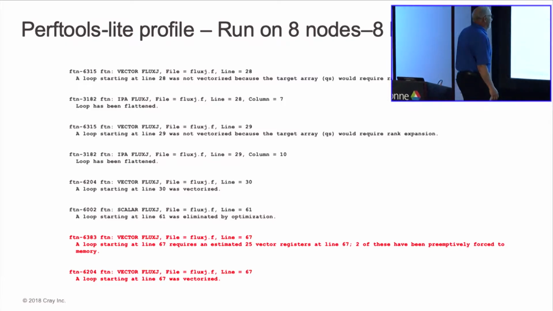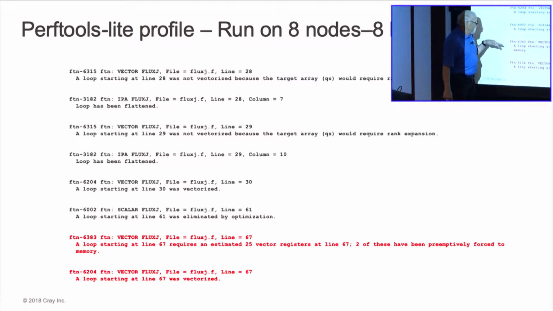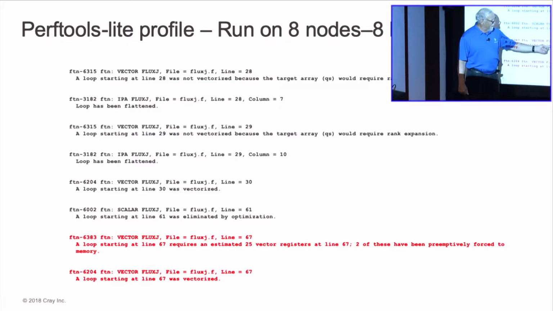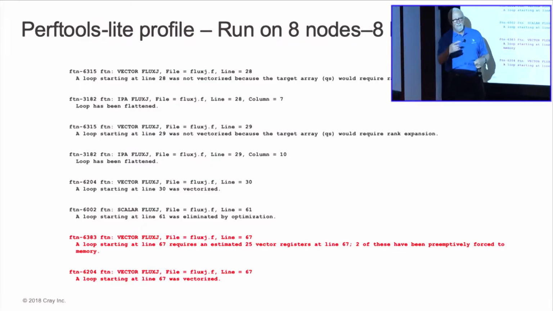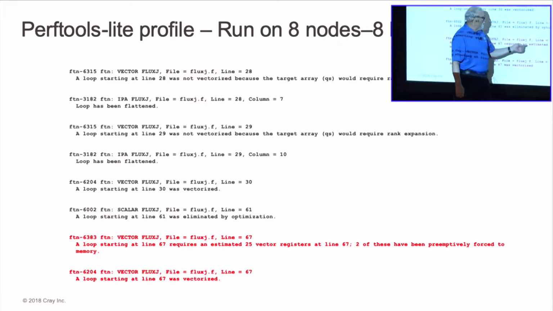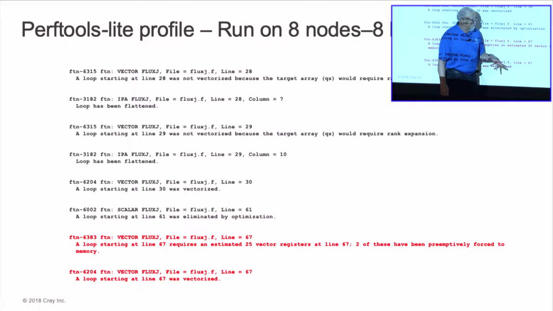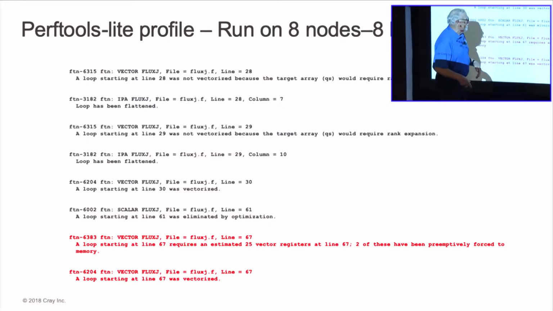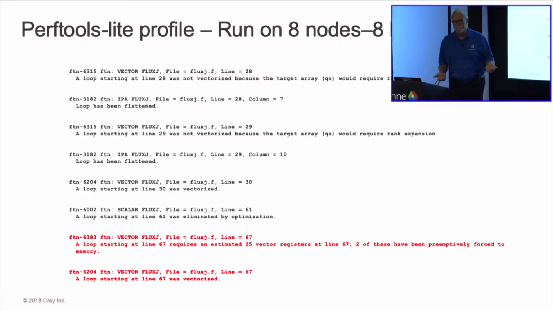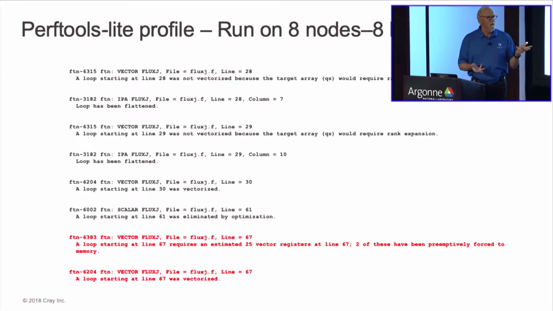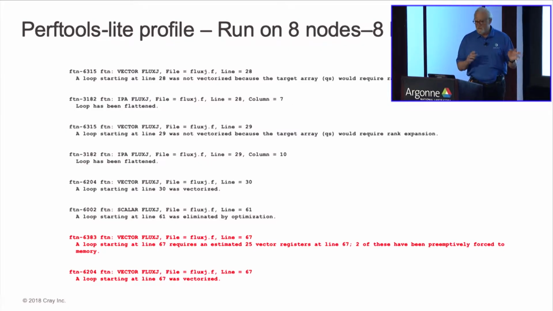And that additional information basically says a loop starting, in other words, this is actually down in that subroutine, requires 25 vector registers, and 2 of these have preemptively been forced to memory. So this is really important for your L1 cache utilization.